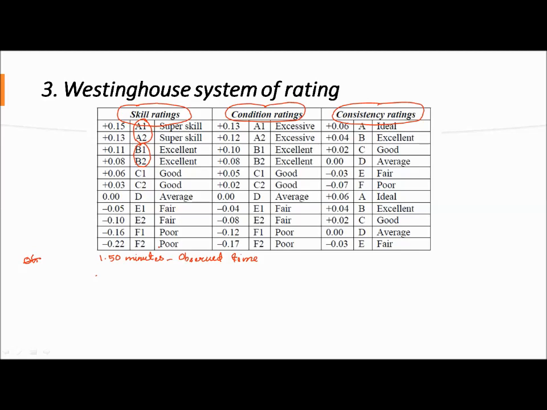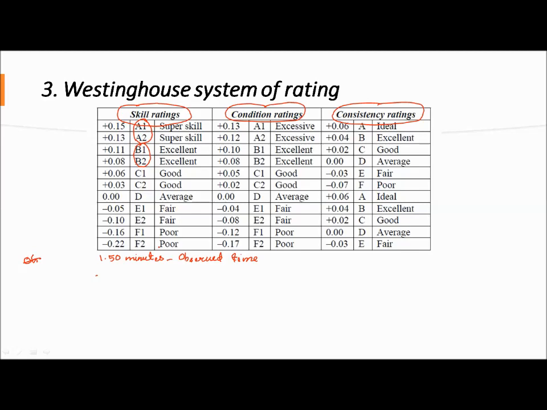Okay, now what an industrial engineer will do is he will analyze the worker's skills, efforts, conditions, and consistency. After analyzing these, he will give the worker certain ratings.